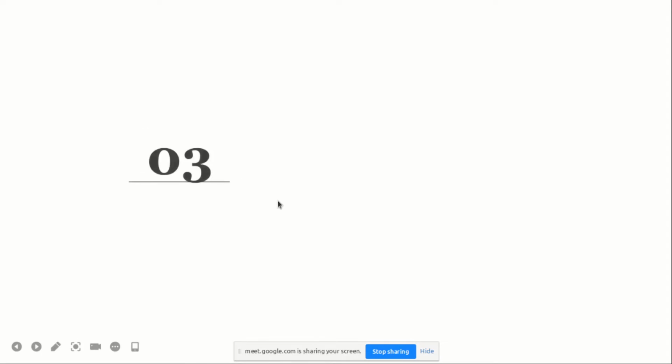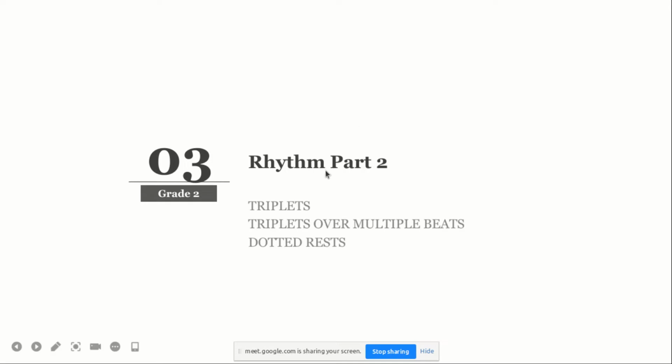Okay, so we begin our third topic in grade 2, which is rhythm, part 2. And in this part, we're going to learn about triplets, and then triplets over multiple beats, and then dotted rests.